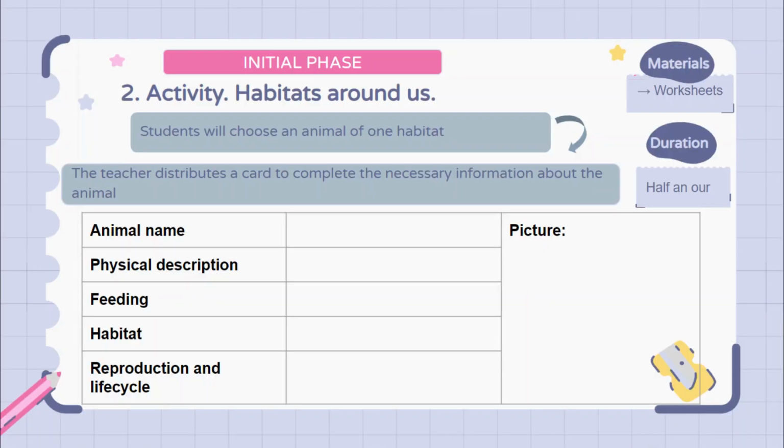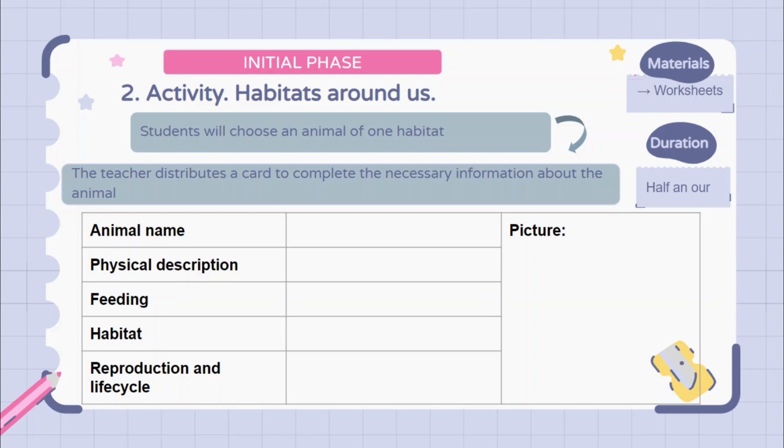The name of the second activity is Habitat Around Us. The 5 habitats established with the help of the conceptual map created in the previous class, polar, savanna, desert, forest, and ocean, will be distributed by drawing lots among the students, and each one of them will choose an animal that corresponds to that habitat, taking into account that they do not choose the same option as another student.